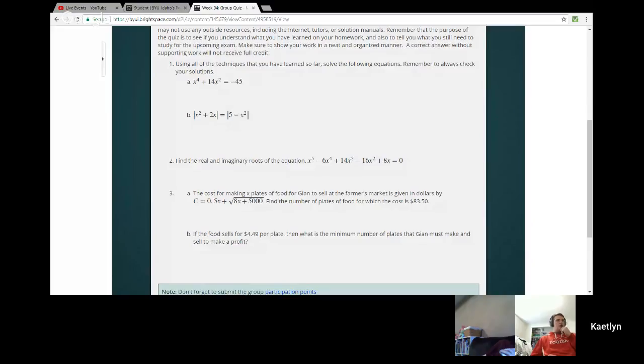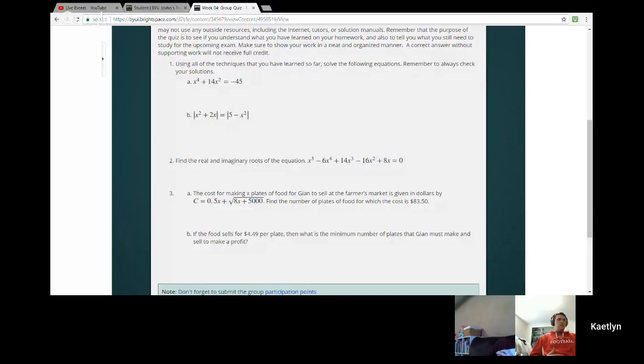Wait, do we add it or subtract it? I think we subtract it because that gives him money. So we subtract it from the thing, and as X gets higher, 4.49x will be more, and it'll eventually cancel out the 0.5x plus square root of 8x plus 5,000. That's how it should work.